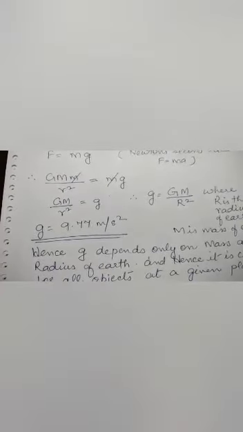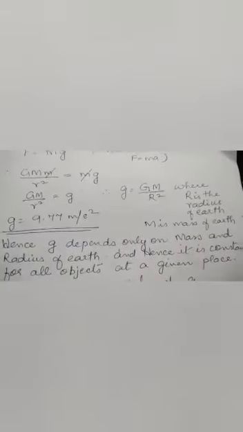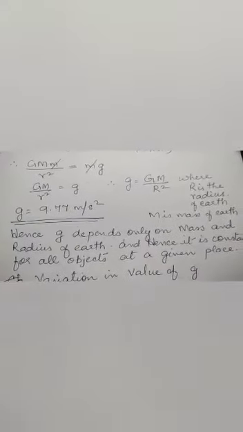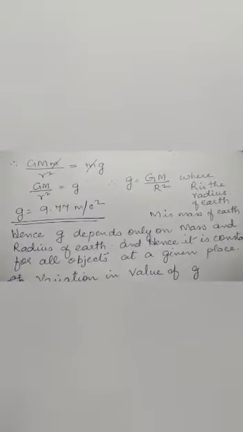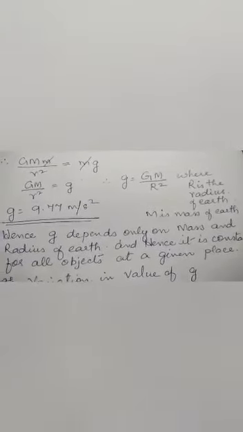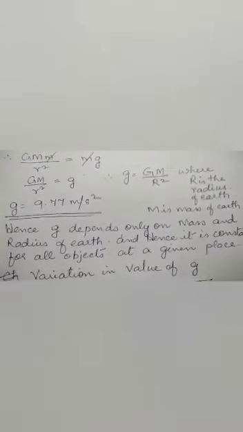g is equal to 9.77 meters per second squared. g depends only on the mass of the Earth and the radius of the Earth. Hence, it is constant for all objects at a given place.